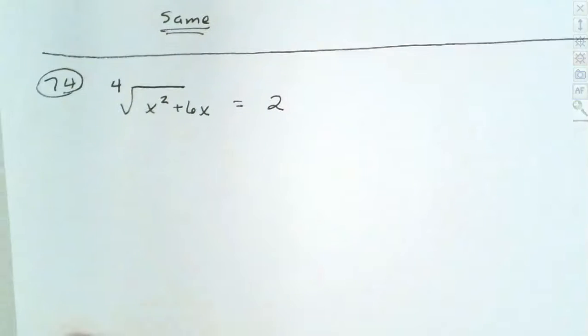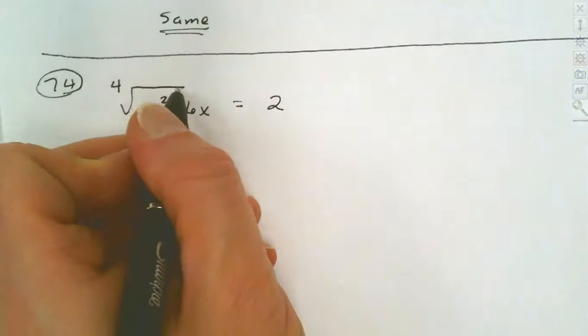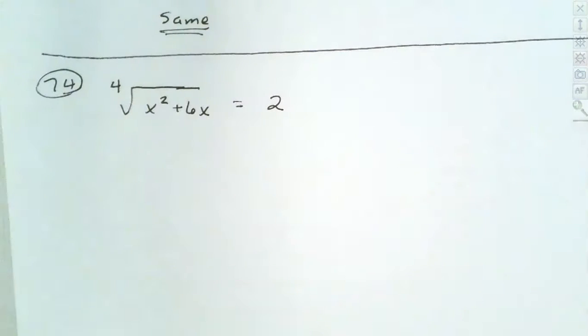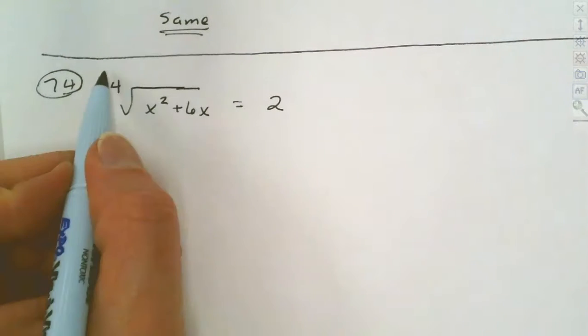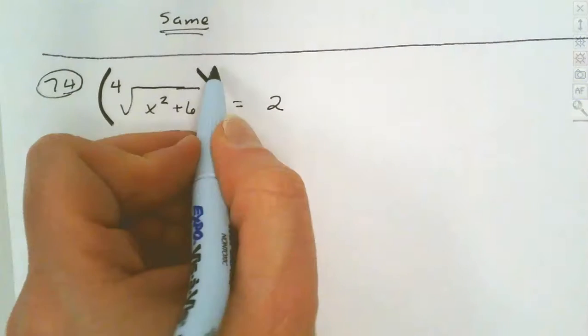Now again, do not try to make this more difficult than it needs to be. We've got that root already isolated on the left. Now, it is a fourth root. So how do we get rid of a fourth root? We have to take both sides to the fourth power.